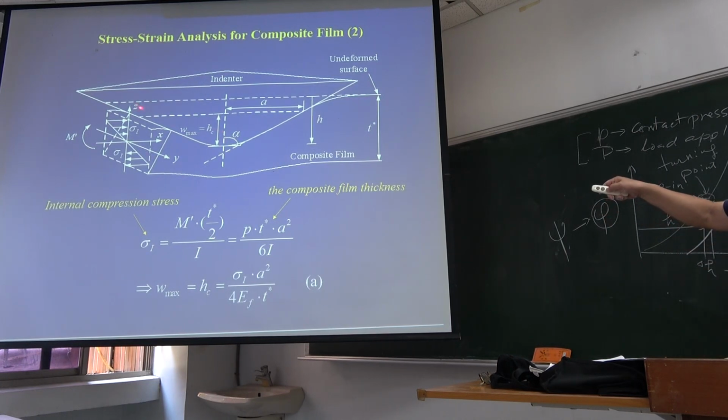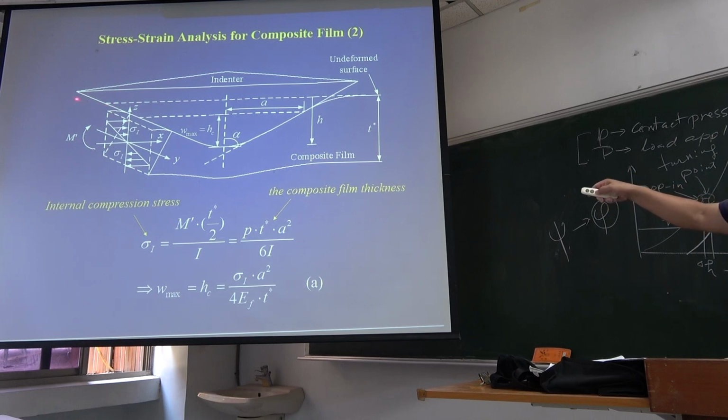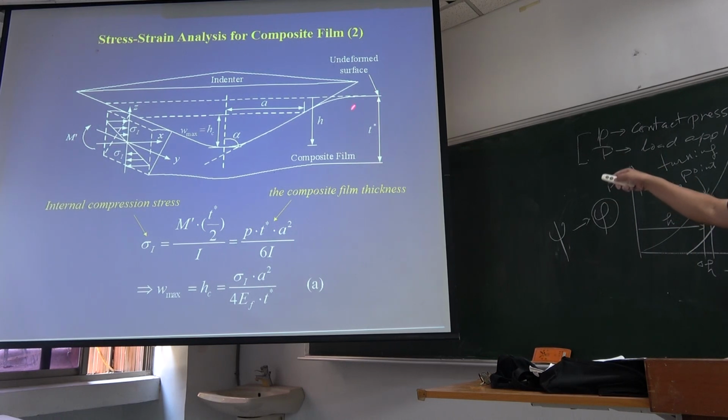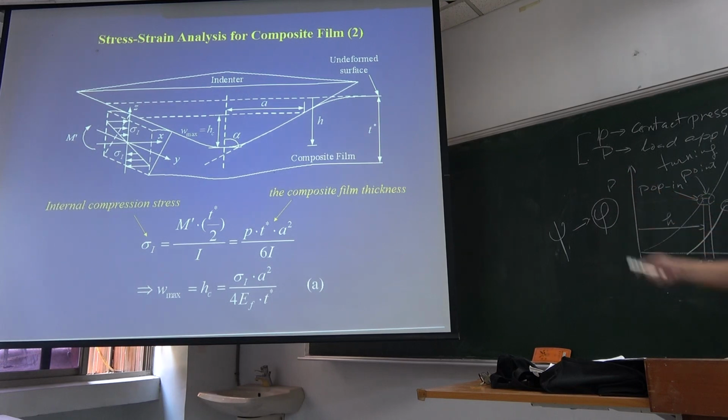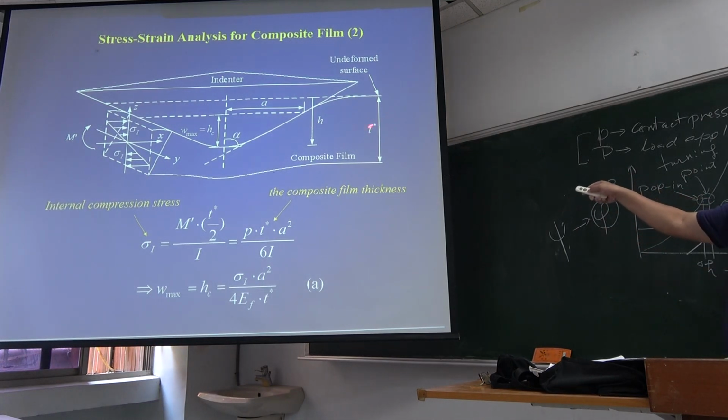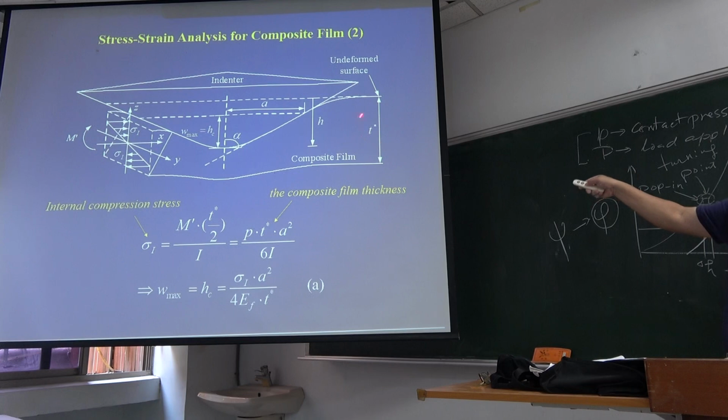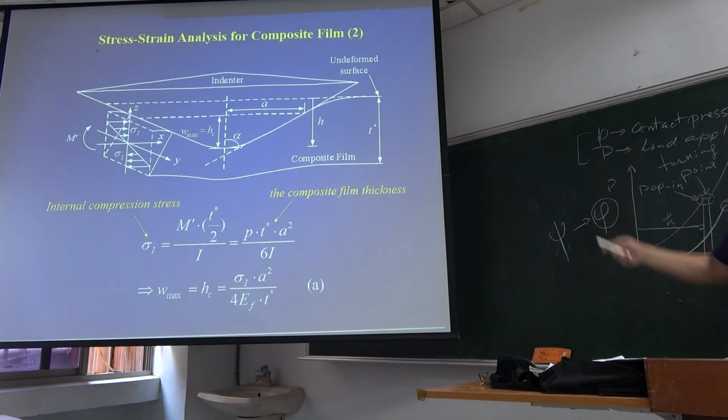Now here there's an indenter. We have the composite film, and then it has a deflection, right? The total film thickness we call T star. This is maybe two or three layers of the same film, but just a composite film.